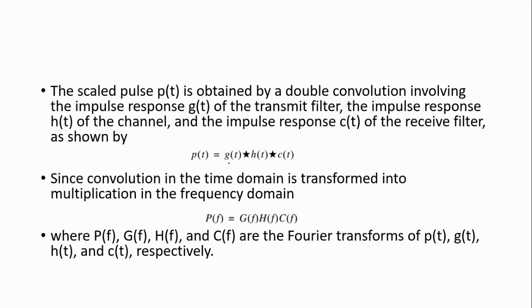G of t is the impulse response of the transmit filter, H of t is the impulse response of the channel, and C of t is the impulse response of the receiver. We know that convolution in the time domain is transformed into multiplication in the frequency domain. So P of f equals G of f times H of f times C of f. Here P of f, G of f, H of f, C of f are the Fourier transforms of P of t, G of t, H of t, C of t respectively.